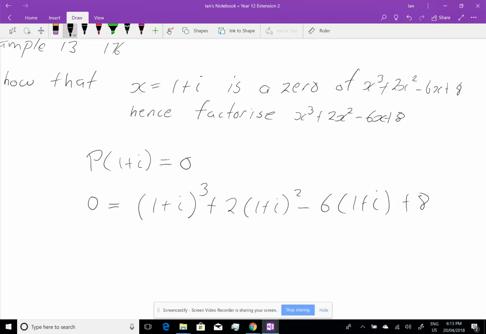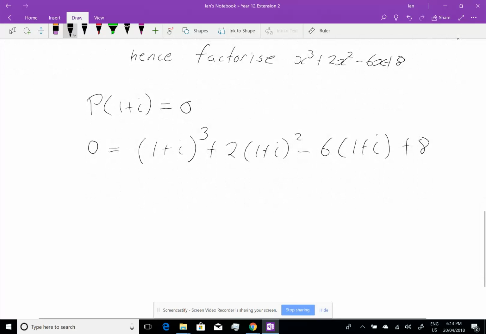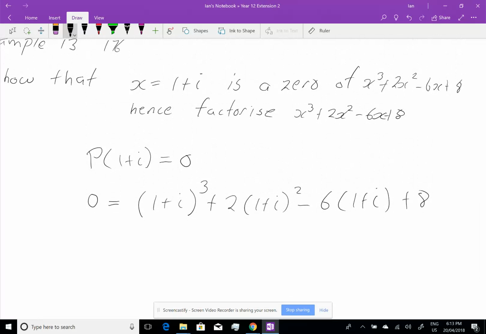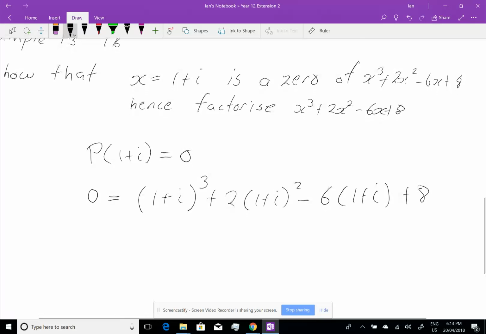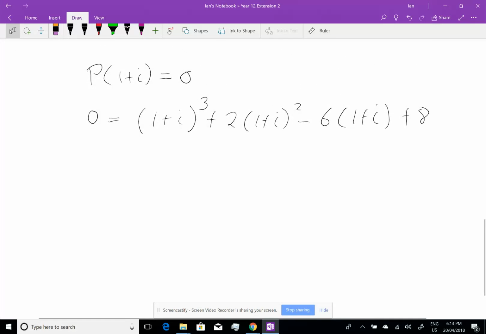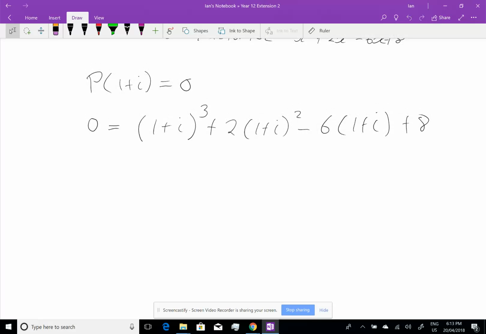Now I know that you guys can do that on your calculator, but it says show. So you can't be putting it into your calculator and letting that do the hard work for you. So here we go.